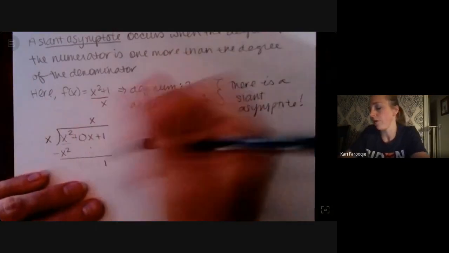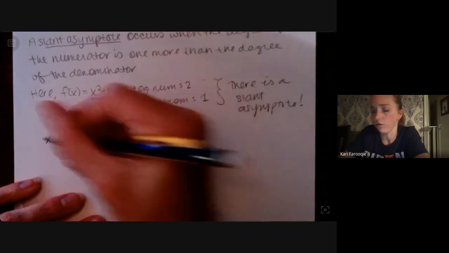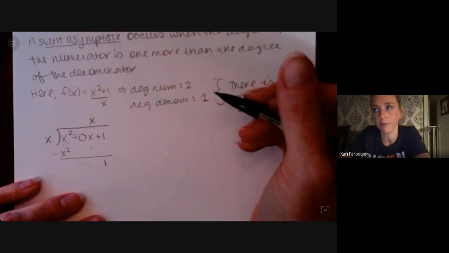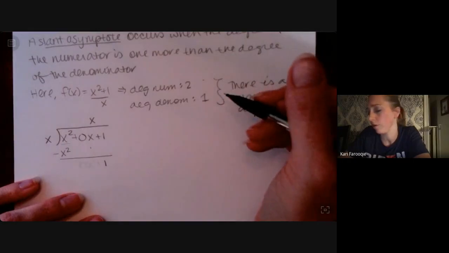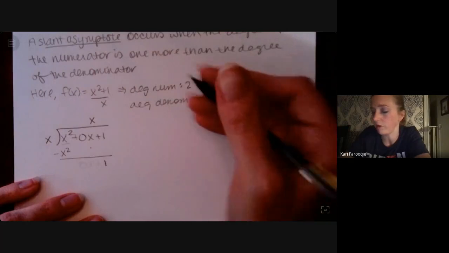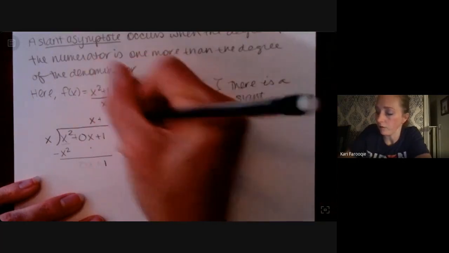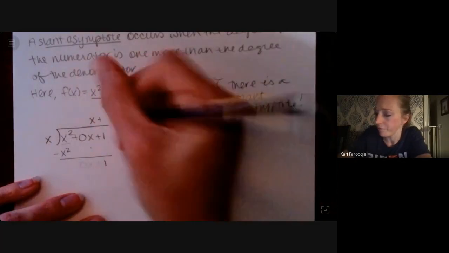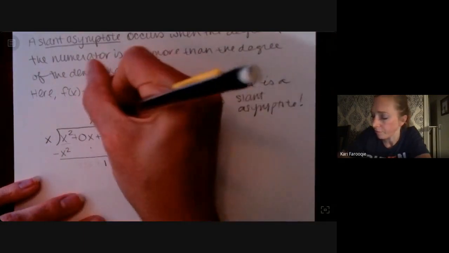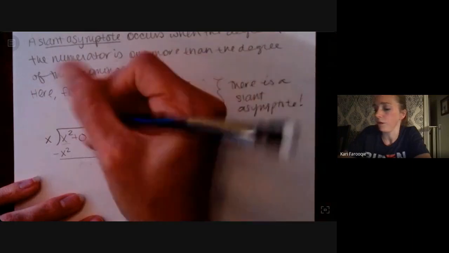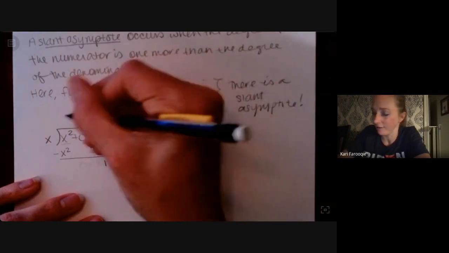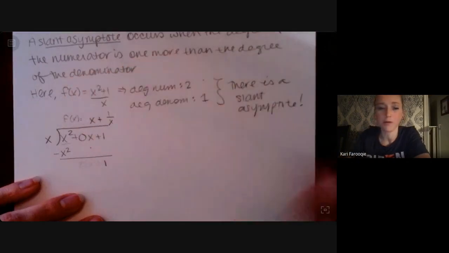And then you're going to divide again, and you're going to take 1 divided by x. In that case, you can't divide any further because now the degree in the numerator is less than the degree in the denominator. So you'd be done here. So you're going to add this to your remainder divided by your divisor. And you end up getting that f of x equals x plus 1 over x.